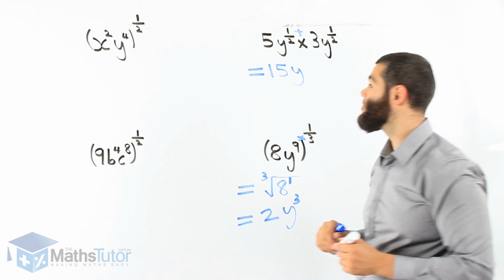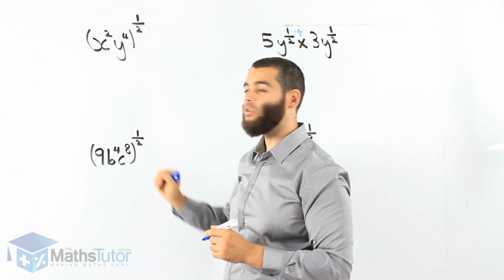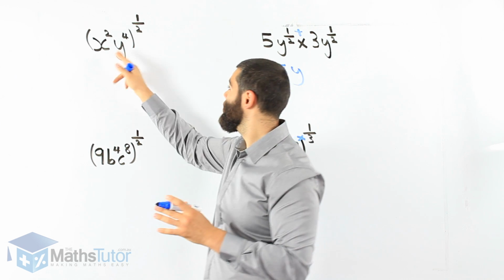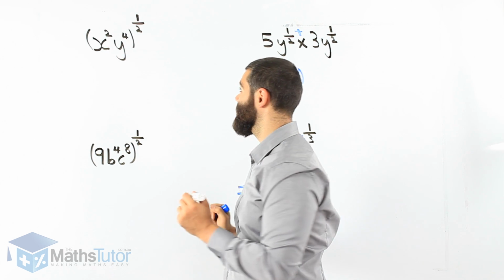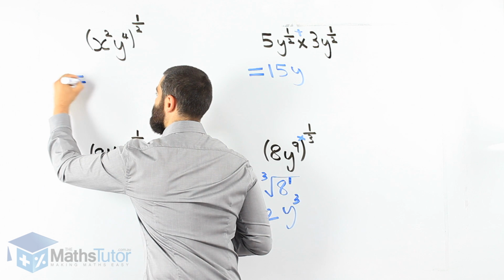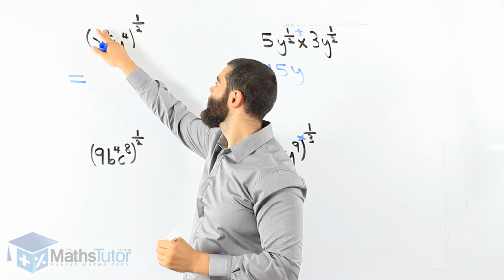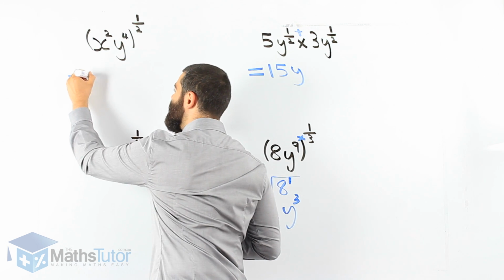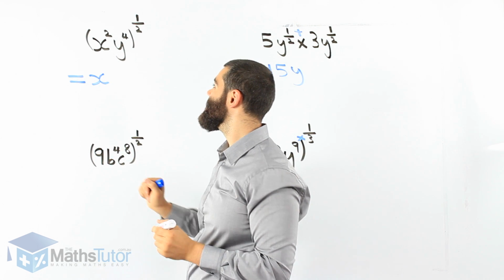Let's do 2 more. x to the power of 2, y to the power of 4, all in brackets to the power of a half. The whole term is to the power of a half. Same concept. We know that a power to a power, they multiply. 2 times a half is 1, so it's simply x.